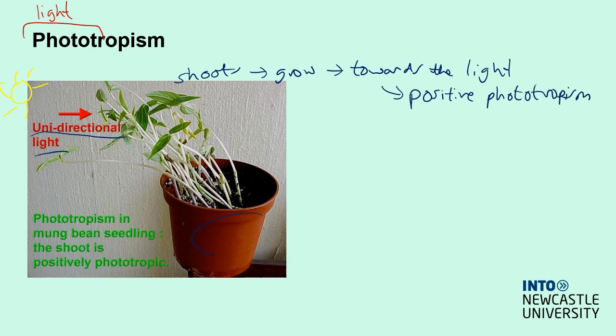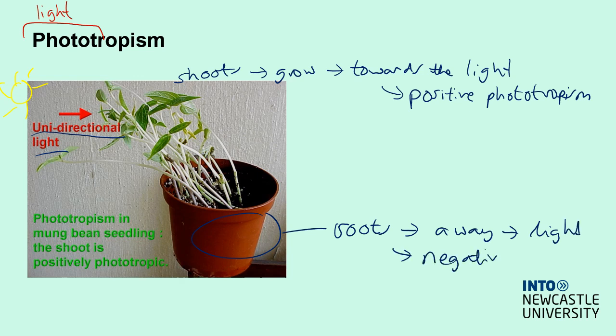And the roots that you can't see in the plant here, the roots will grow away from the light. So roots away from light. And so the roots would be a negative phototropism.